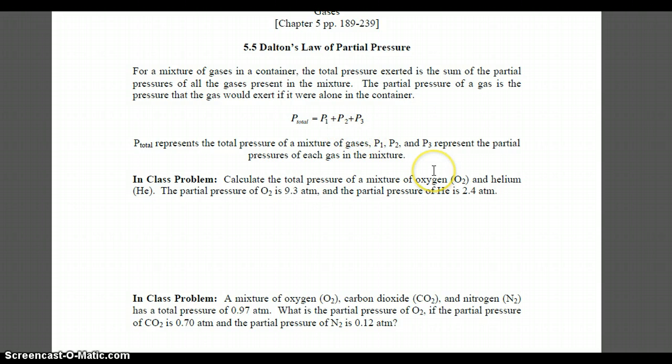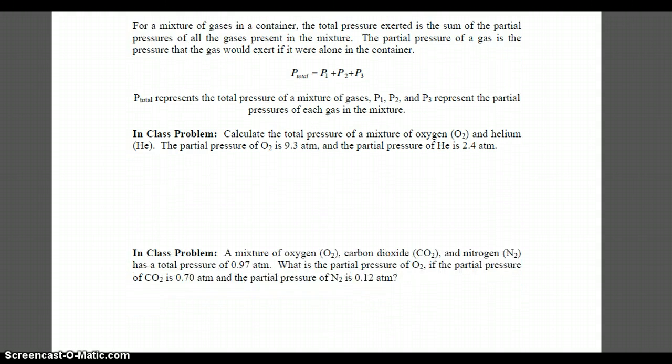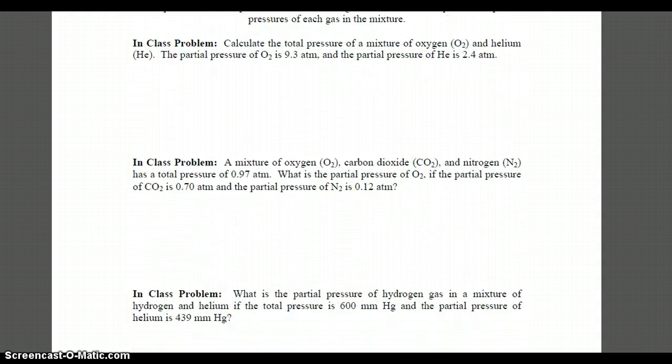Okay, and obviously when you add those, they should all bear the same units, and we'll continue to use atmospheres for that. So this problem reads, calculate the total pressure of a mixture of oxygen and helium. The partial pressure of oxygen is 9.3 and the partial pressure of helium is 2.4 atmospheres. Okay, so take a moment to figure out the total pressure there.